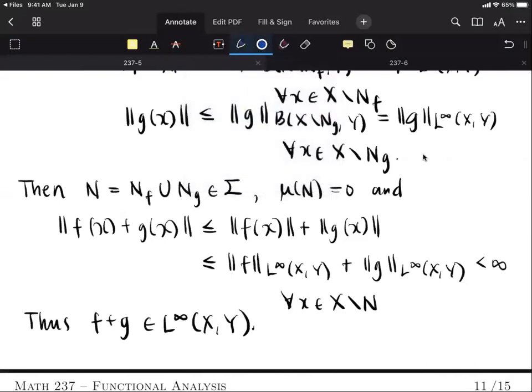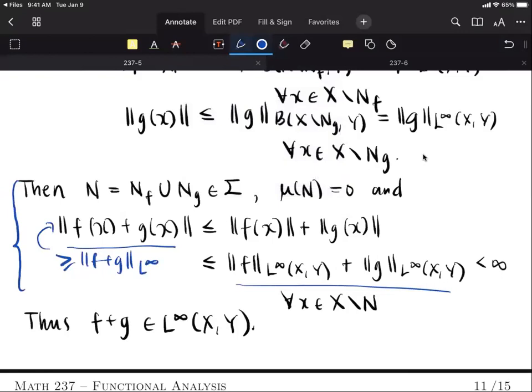We have a null set N, wherein the norm of the sum is less than or equal to the sum of these L infinity values, because the L infinity norm of f plus g is the infimum, so this quantity is less than or equal to this one. From this statement here, let us call this asterisk.